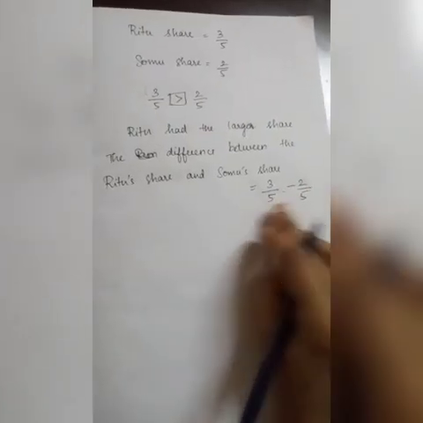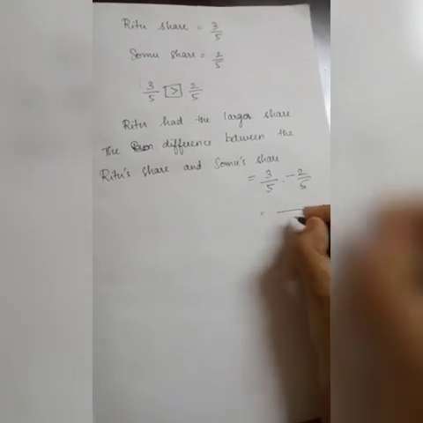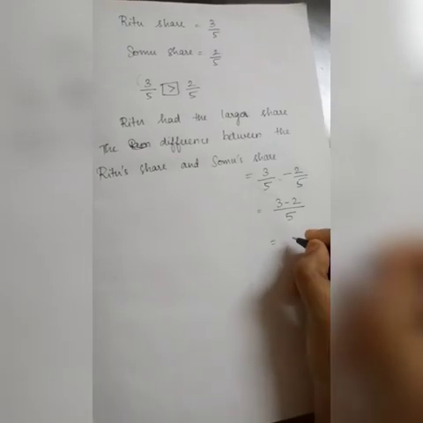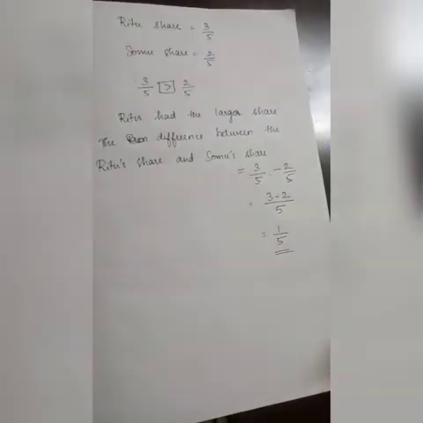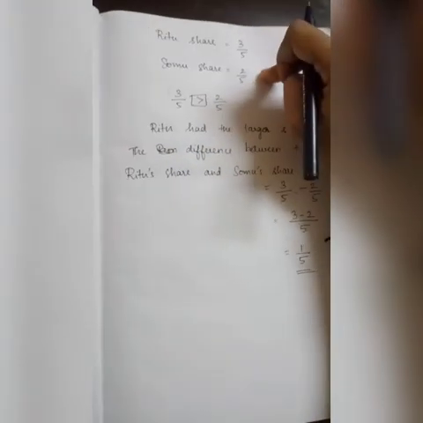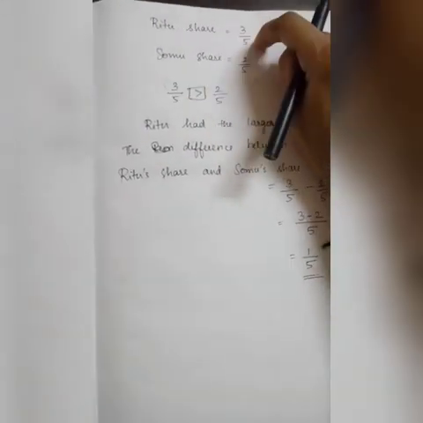This is Ritu share. This is Somu share. Now both are same, right? So shall I write it as ones? Yes. So 3 minus 2, 1 by 5. So by 1 by 5 part, Ritu is greater than Somu. Okay, did you understand? By 1 by 5 part, Ritu is greater than Somu.